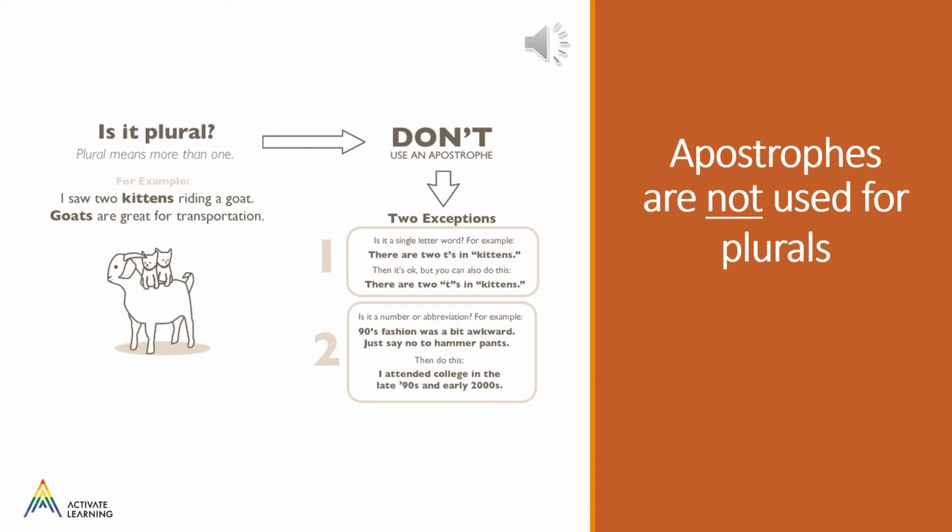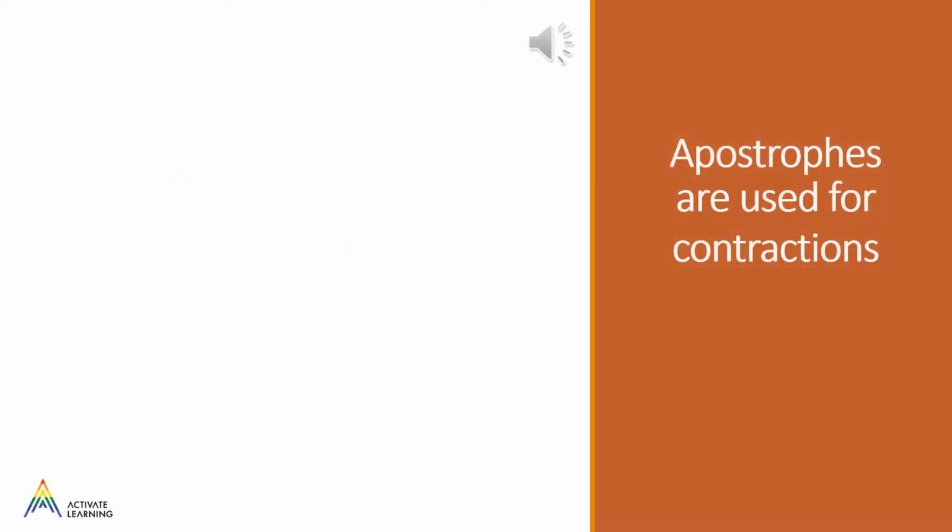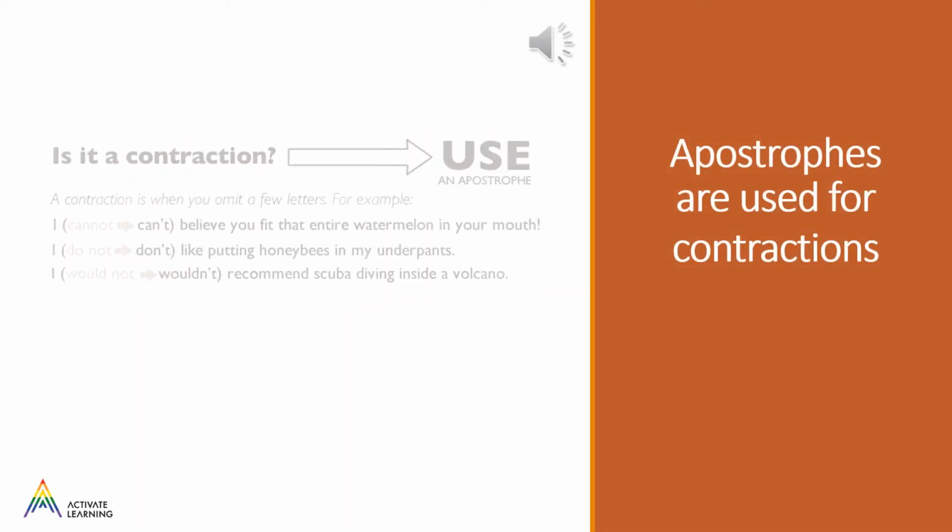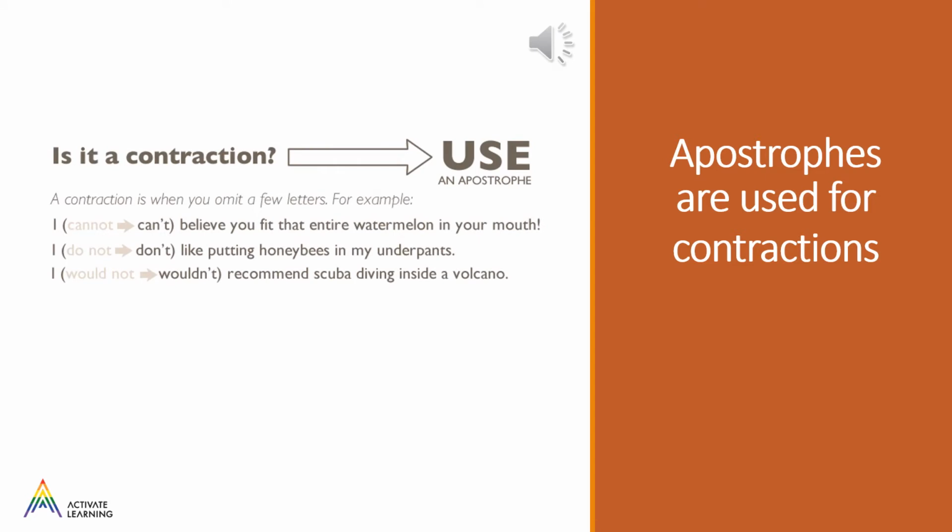Apostrophes are not used for plurals. If you want to say kittens or apples or tables, don't put an apostrophe in. Apostrophes are used for contractions, which is missing letters such as can't, don't, wouldn't, or o'clock.